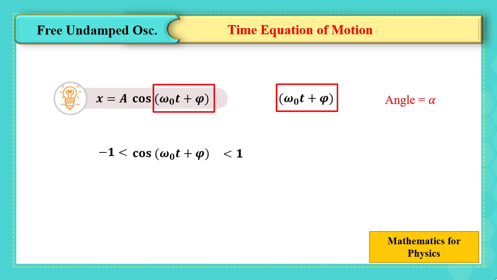Then, in this case, a cosine omega 0 t plus phi, which is x, should lie between minus the absolute value of a and plus the absolute value of a. After that, we should try to draw it and deduce its characteristics.